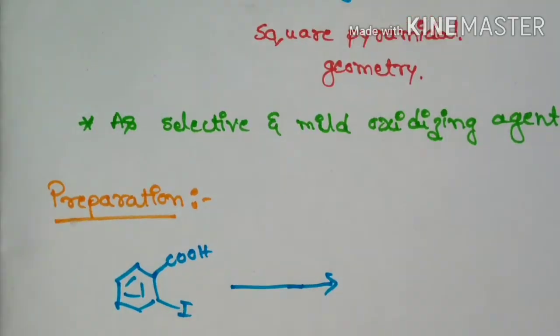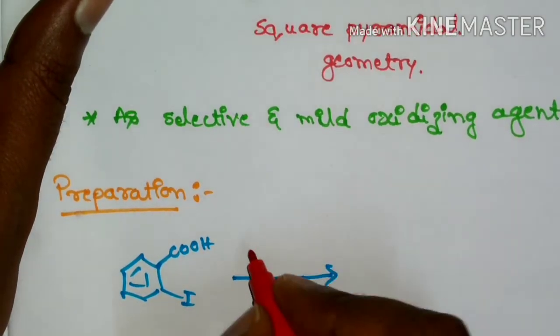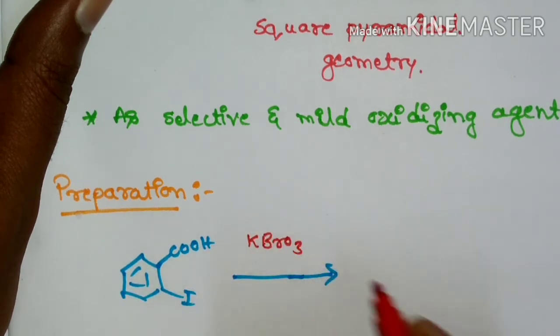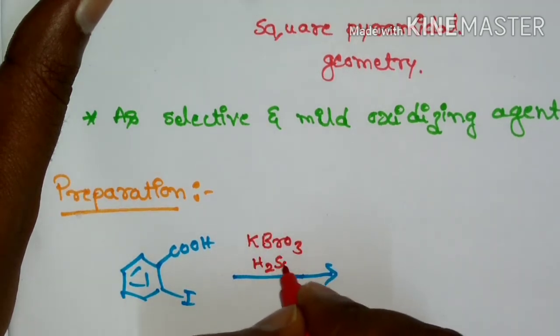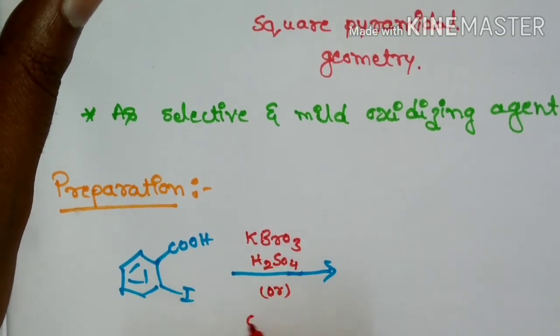In the first step, it will undergo oxidation. Here the reagent we can use is either KBrO3 and H2SO4, or we can use Oxone in water.